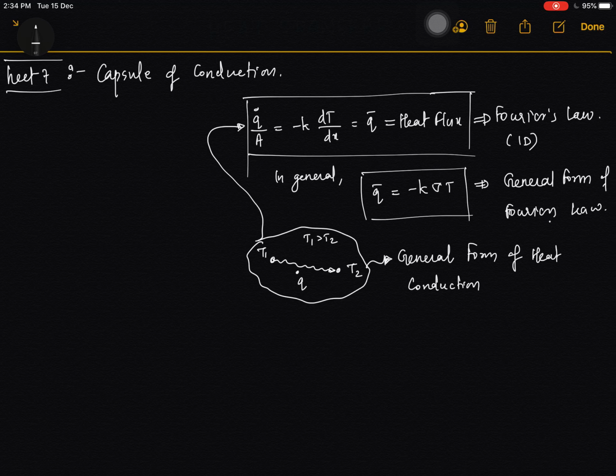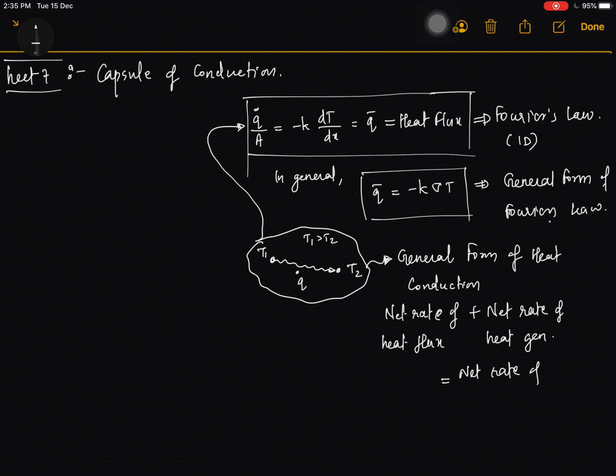General form of heat conduction, which is nothing but an energy balance in a body, particularly in an element, through which heat transfer is occurring by conduction. So by energy balance, we can write net rate of heat flux plus net rate of heat generation will be equal to net rate of change of internal energy.